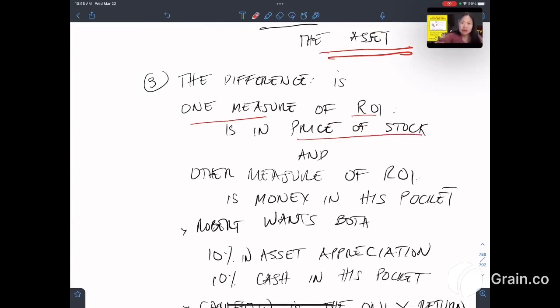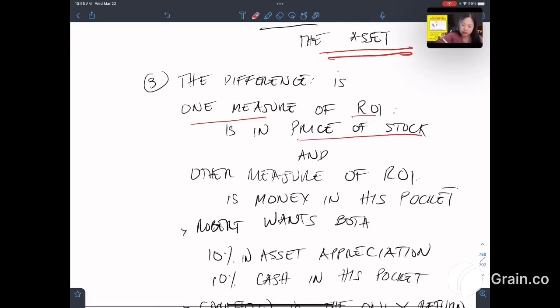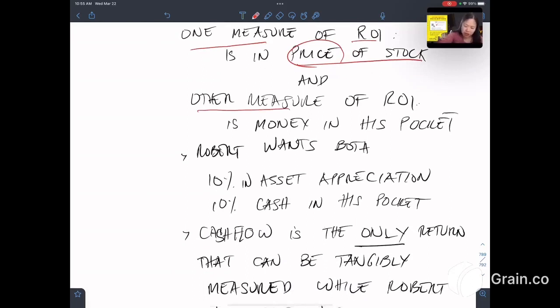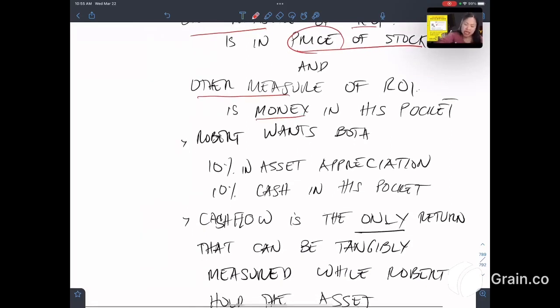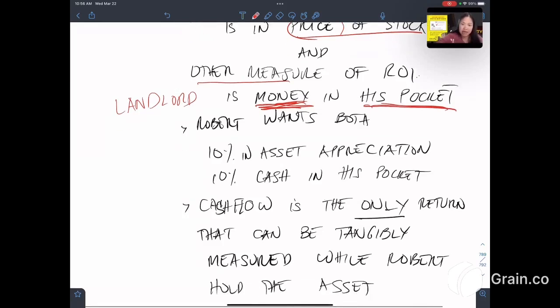So people who invest their money into Wall Street, one measure of the return on investment for them is the price of the stock. The other measure of the return on investment is the money in your pocket right away. So this is, for example, owning properties where you are a landlord, you're renting out your properties. You do have cash flow, and that puts money directly into your pocket. That is if you are positive cash flow.